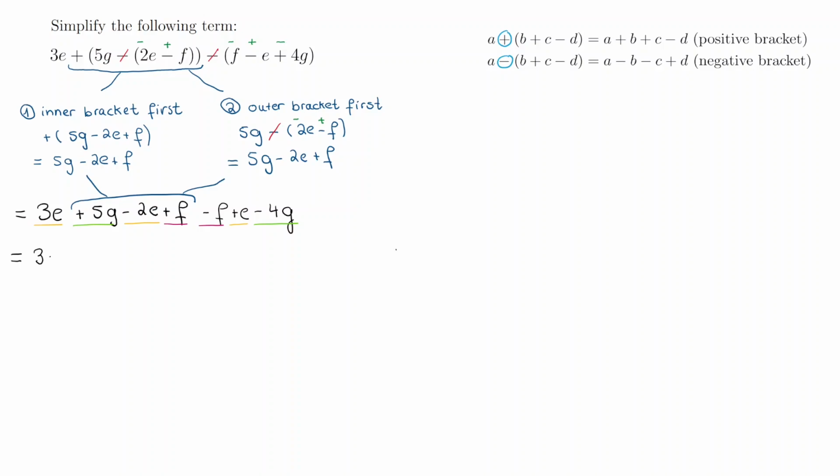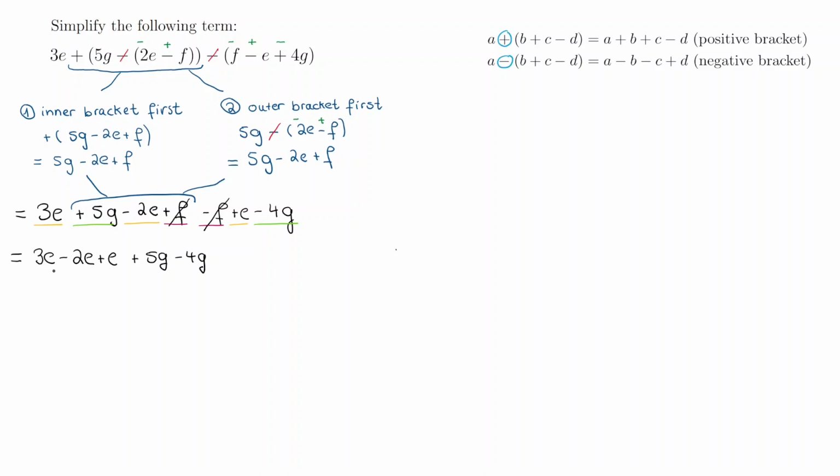So we have 3e minus 2e plus e for the e's. Then we have 5g minus 4g for the g's. And then we have our plus f minus f, which is equal to 0. And now I just sum it up.